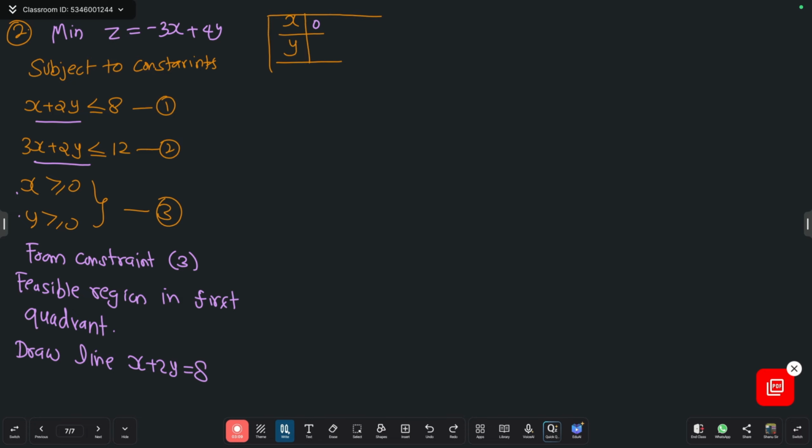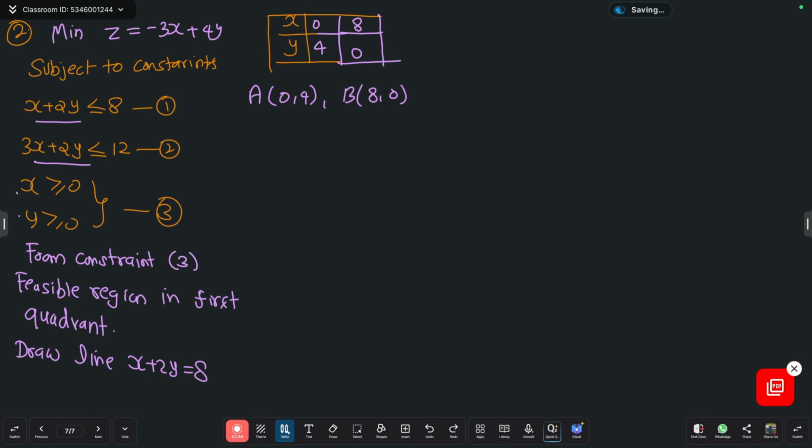Suppose x value is 0, then y is 4. Now take y as 0, then x is 8. So from here we get two points: point A (0, 4) and point B (8, 0).